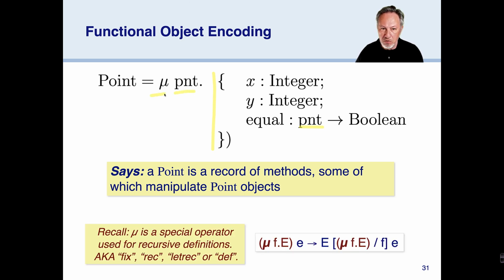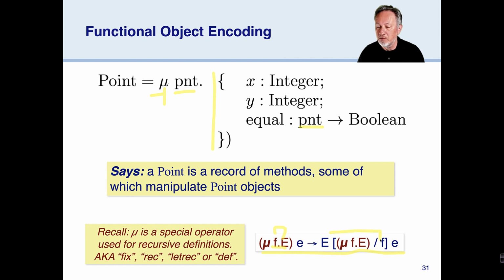So this is mu. We saw it before. We had this rule here when we were looking at the lambda calculus. Mu just binds a function f to some implementation, where that implementation may recursively use this f. And we have this rule that allows us to replace the definition for f in the body.